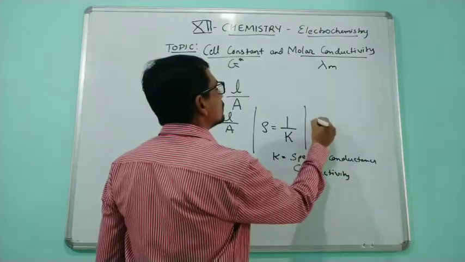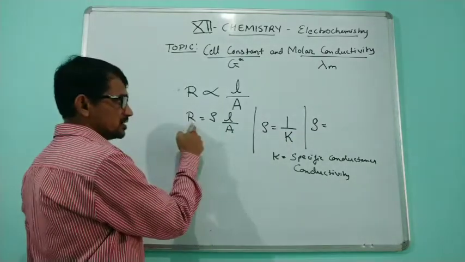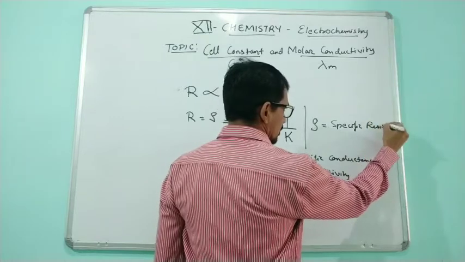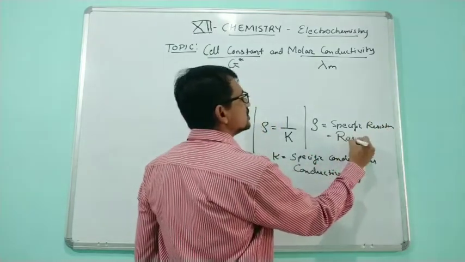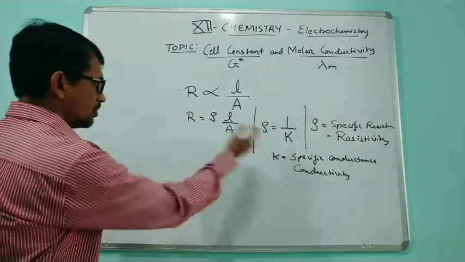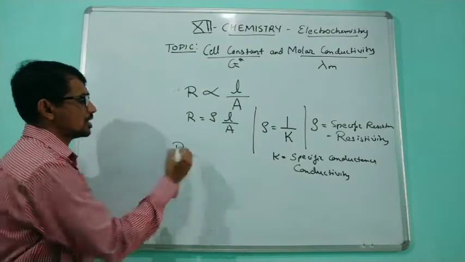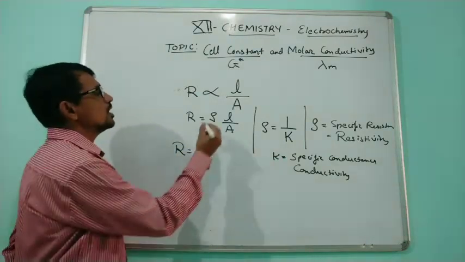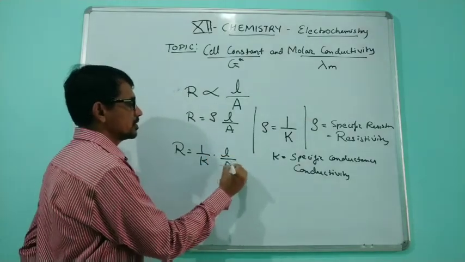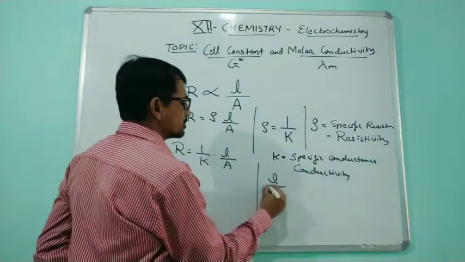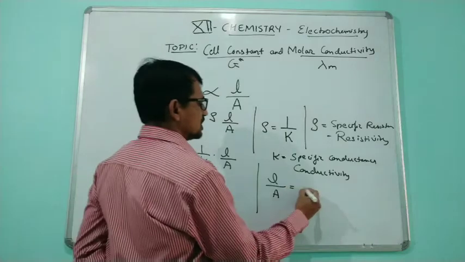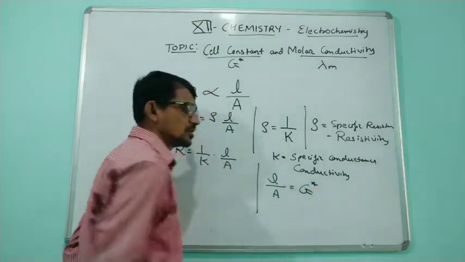This rho is related to resistance, so it is the specific resistance, also known as resistivity. This we have already discussed. Now we apply it here. So R, that is the resistance, is equal to, instead of rho, 1 by K into L by A. Now L by A is related to the cell, and is known as the cell constant, G or G star.